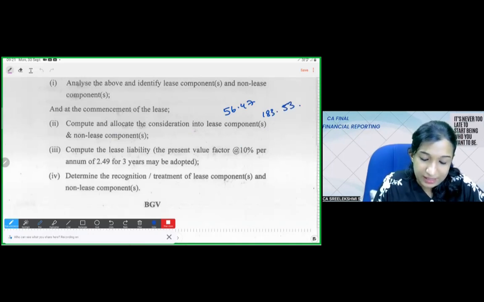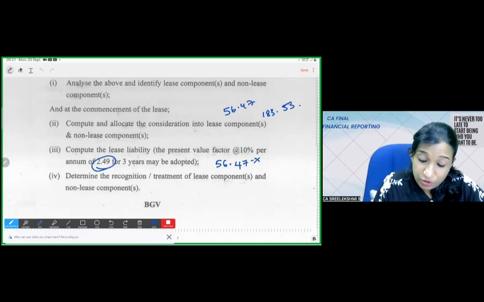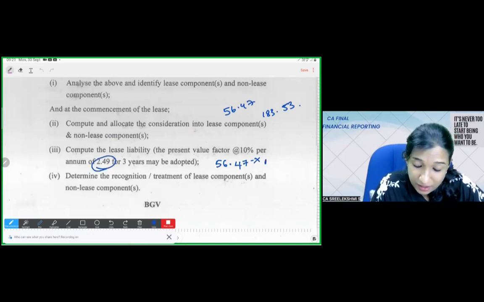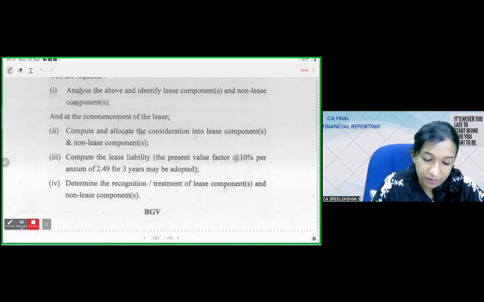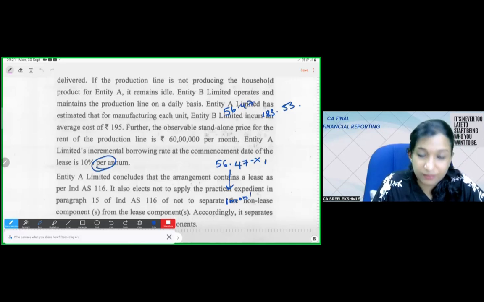Now compute the lease liability. Easy. Lease liability will be 56.47 into 2.4. That is for 1 month, yes, 56.47 per month.